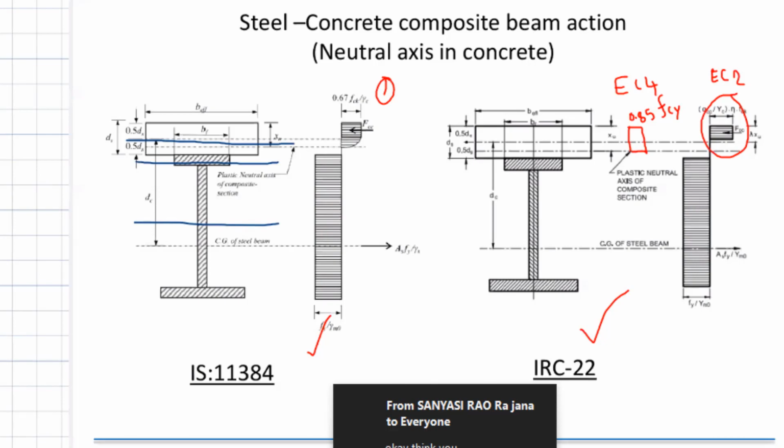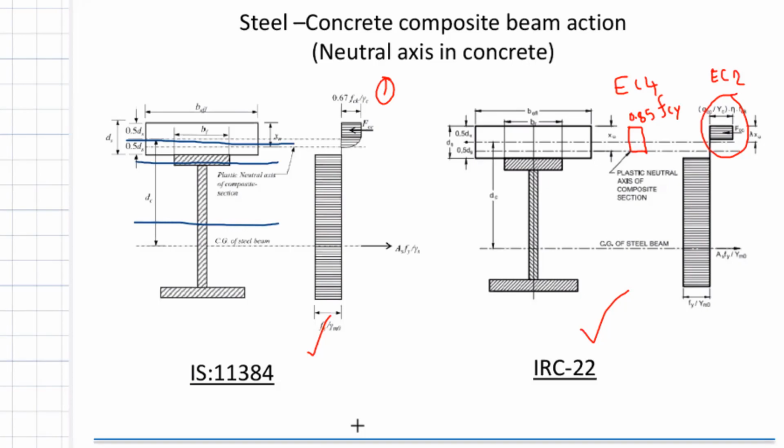What is the principle by which we do this? At the ultimate state, all members are stressed to their maximum. You can see here, I have taken the value of the entire steel to be Fy, right? That means it is yielded. And my concrete stress block has reached, say, 0.0035.